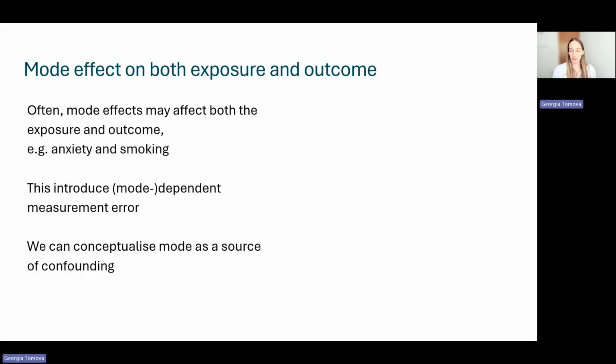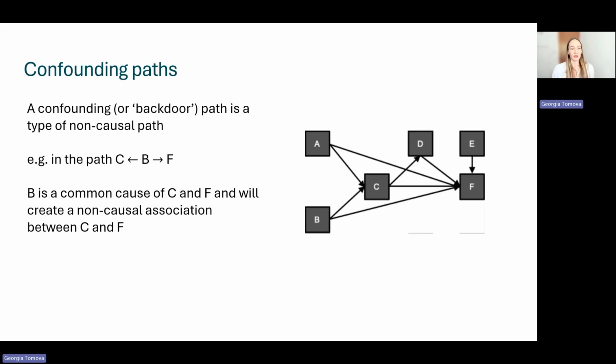I'm briefly going to introduce how confounding can be best understood and depicted in DAGs. So we said that the collection of arrows or a path where all arrows run in the same direction is known as a causal path or directed path. Confounding is one type of non-causal path. A confounding path is also known as a backdoor path.